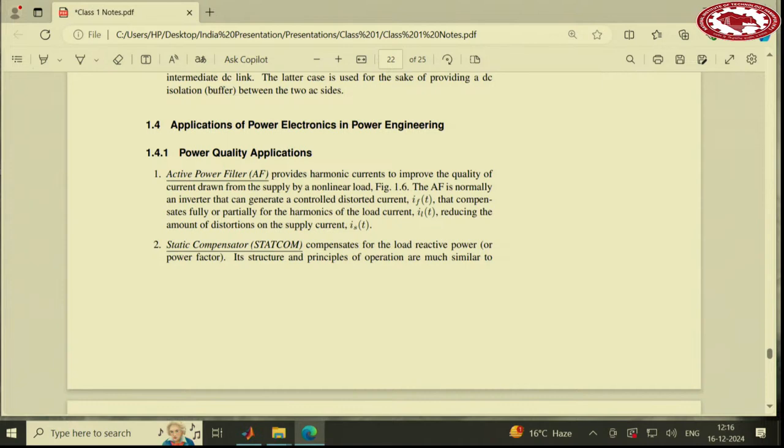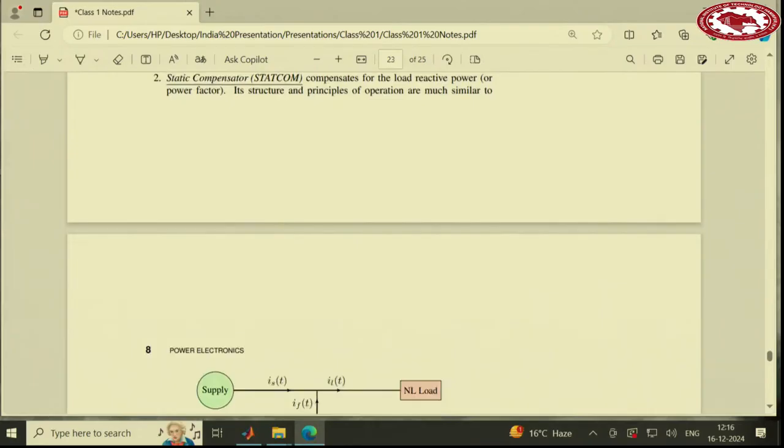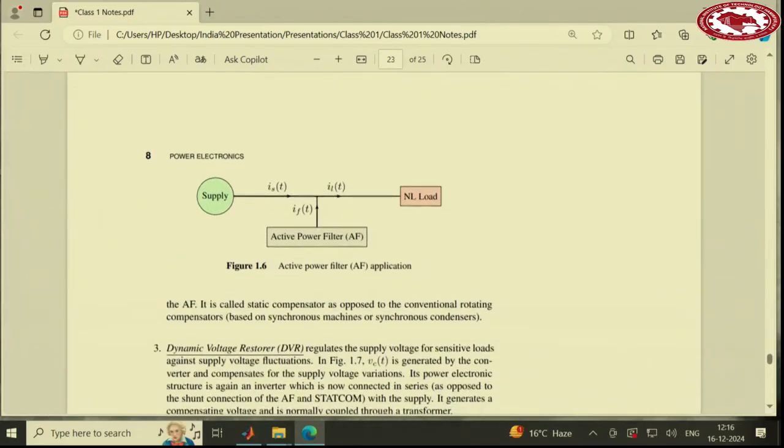If you look at this diagram here, it explains what active power filter does. It's when you have a load connected to the power grid, and that load is a nonlinear load. A lot of loads that we have are nonlinear loads. A load is nonlinear when the current it absorbs from the power grid is not sinusoidal. So this current is not sinusoidal, it's distorted.